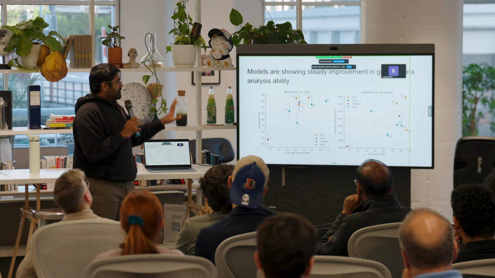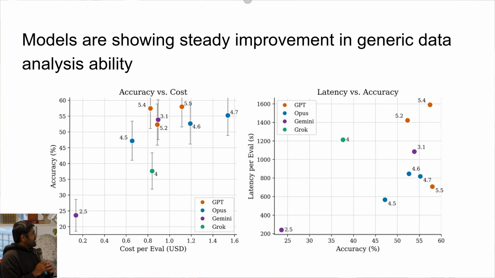So at a high level, these models are showing steady improvement in their ability to analyze single-cell genomics data. And the general statistical analysis that they're able to do with precision is already impressive. But our study also shows that there are certain aspects of single-cell data analysis that these models miss, which could be specific to kits, or specific to the way a single-cell analysis task is handled, which I'll talk about in a little bit.